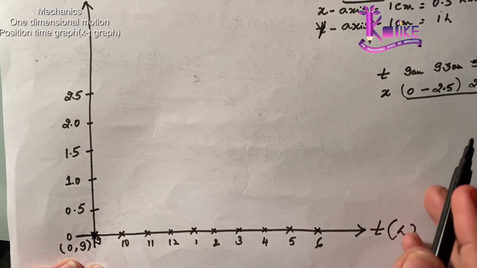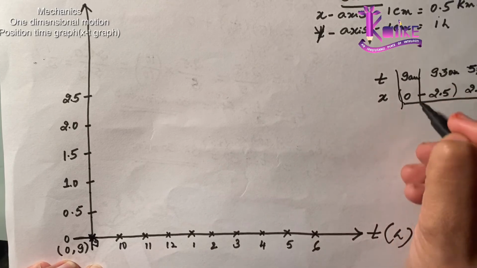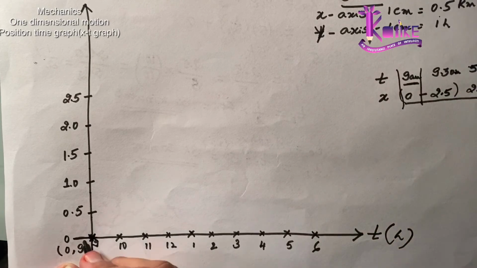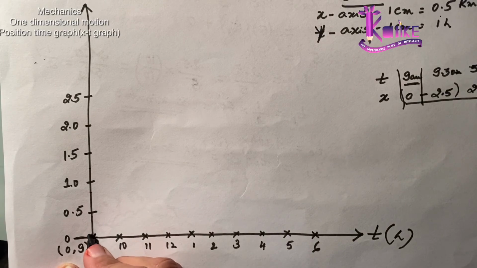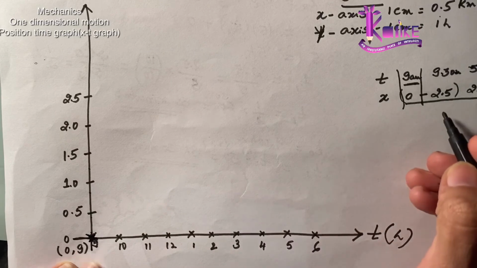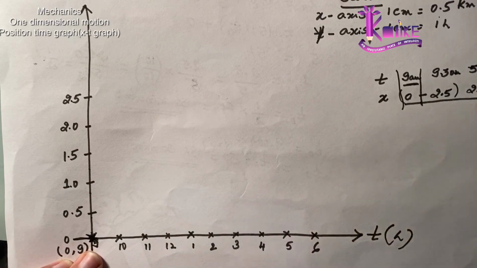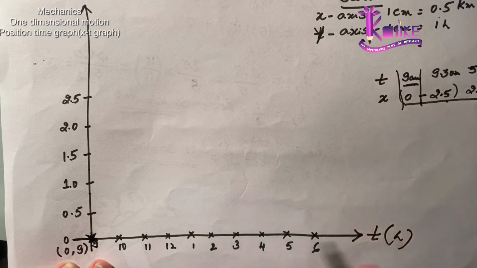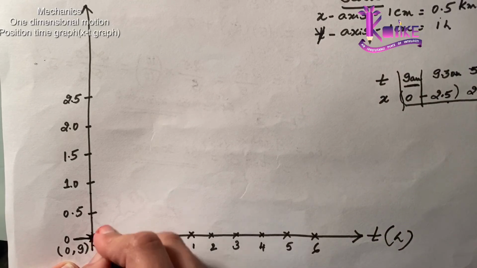So, now let's get going and let's plot the values. What was the value of x when the time was 9 a.m.? When the time was 9, the value of x was 0. So, this is actually the position of the woman when the time was 9 a.m. Now, when the time is 9:30, she is at a distance of 2.5 kilometers. So, 9:30 is somewhere here.